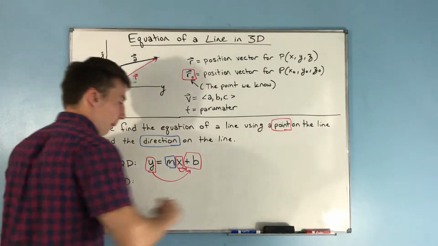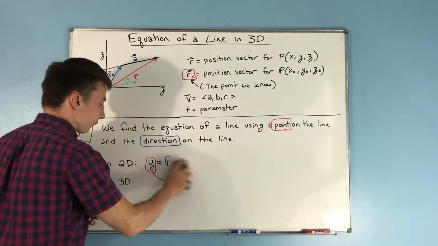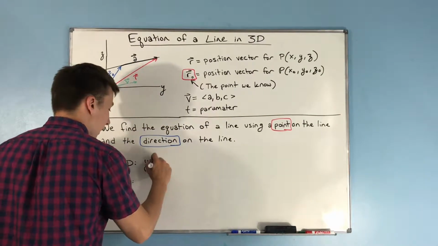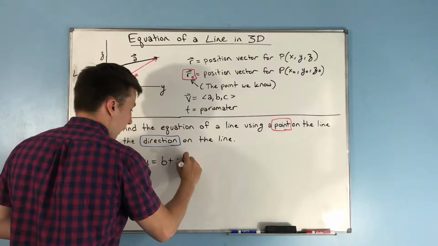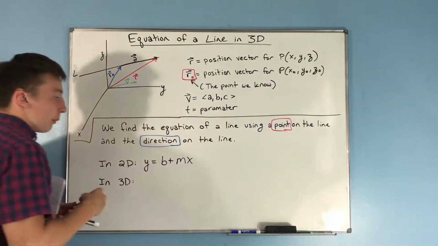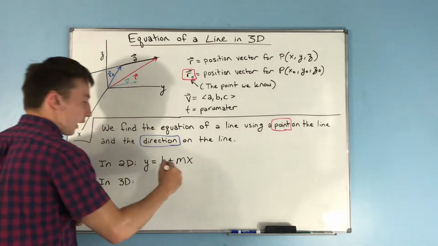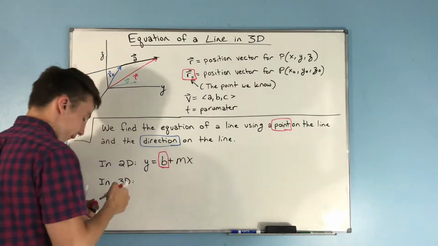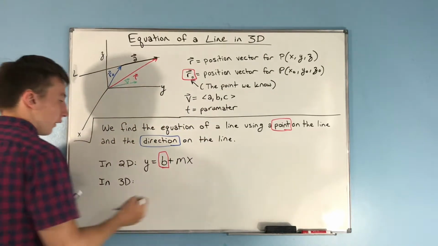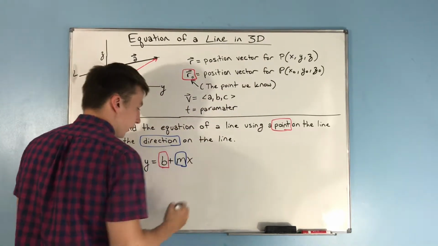Now I'm going to write this out again, but this time as y equals b plus mx. As we said before, the point on the line gives us b, and the direction on the line is m.